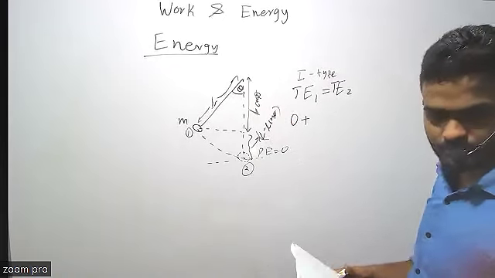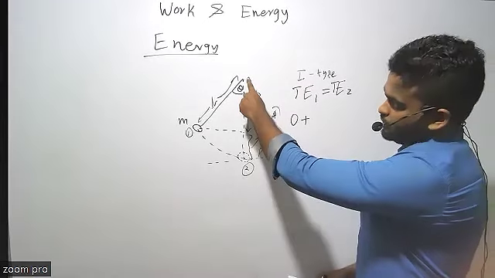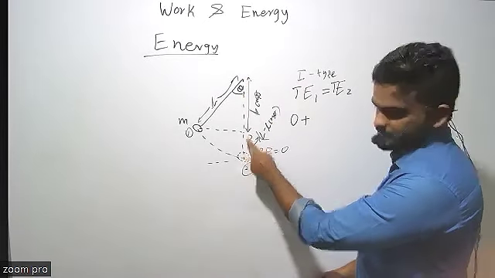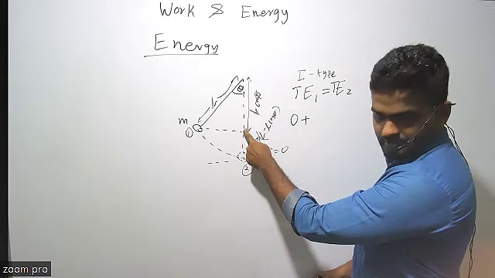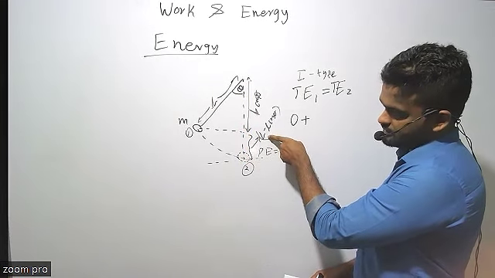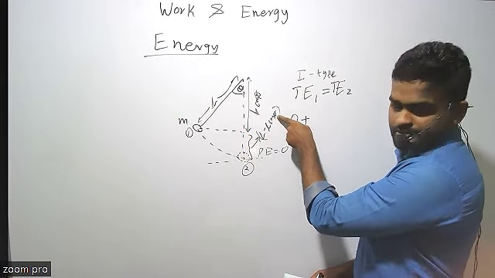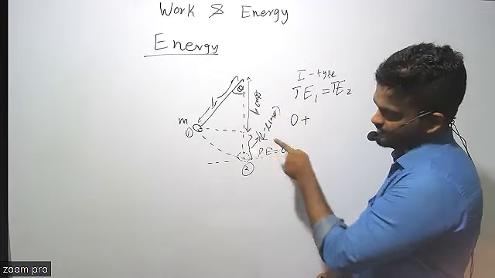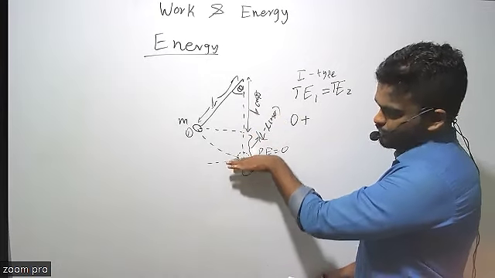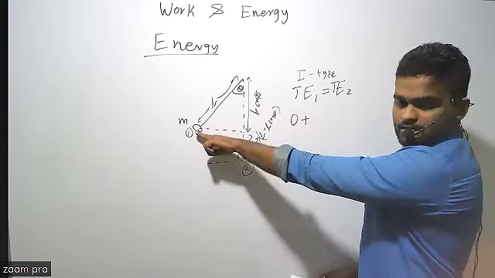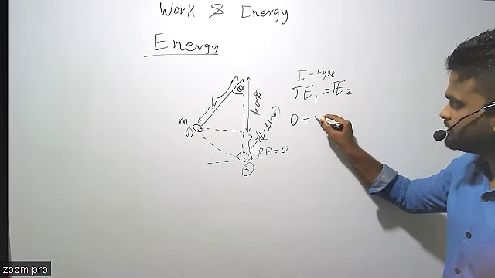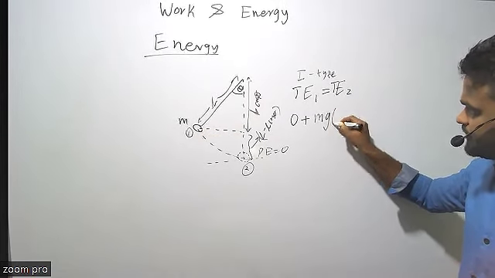I think you understood that one, right? Total string is L. This length is L cos theta. Then subtracting, L minus L cos theta is this length. So that's the height from the P equals 0 line to state 1. So mg, what's the height?